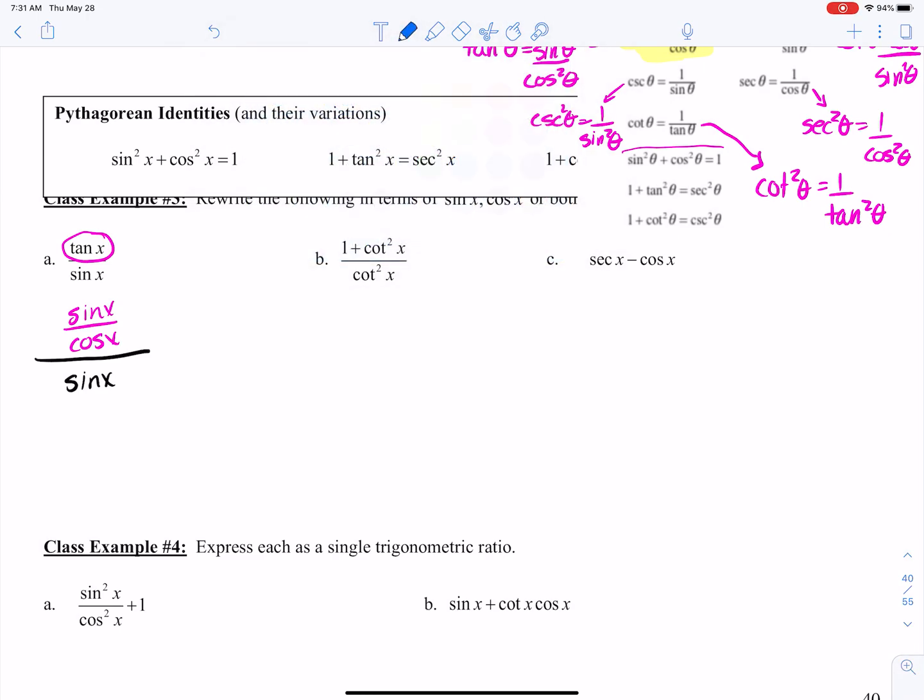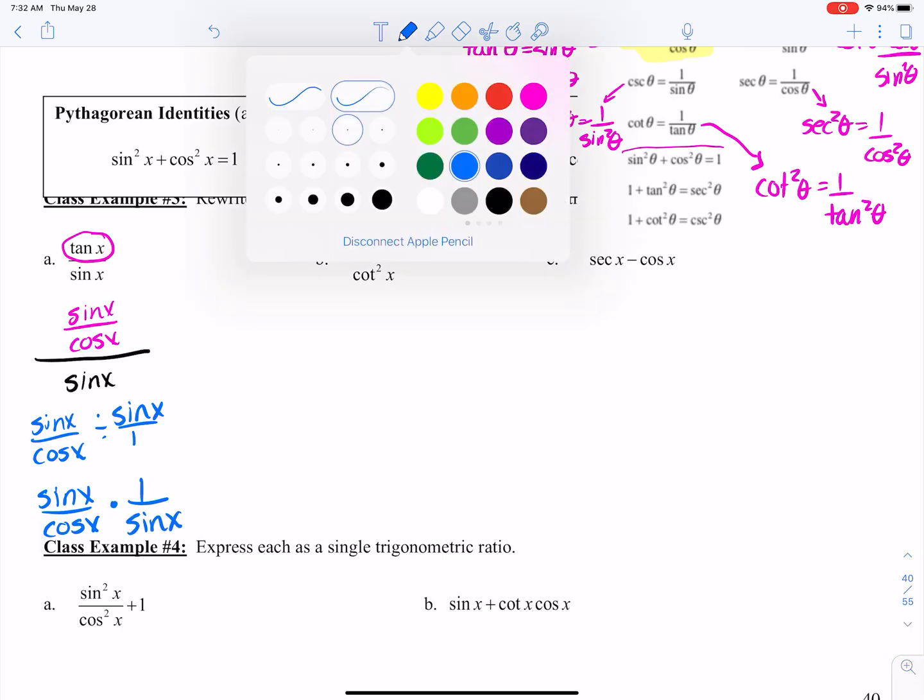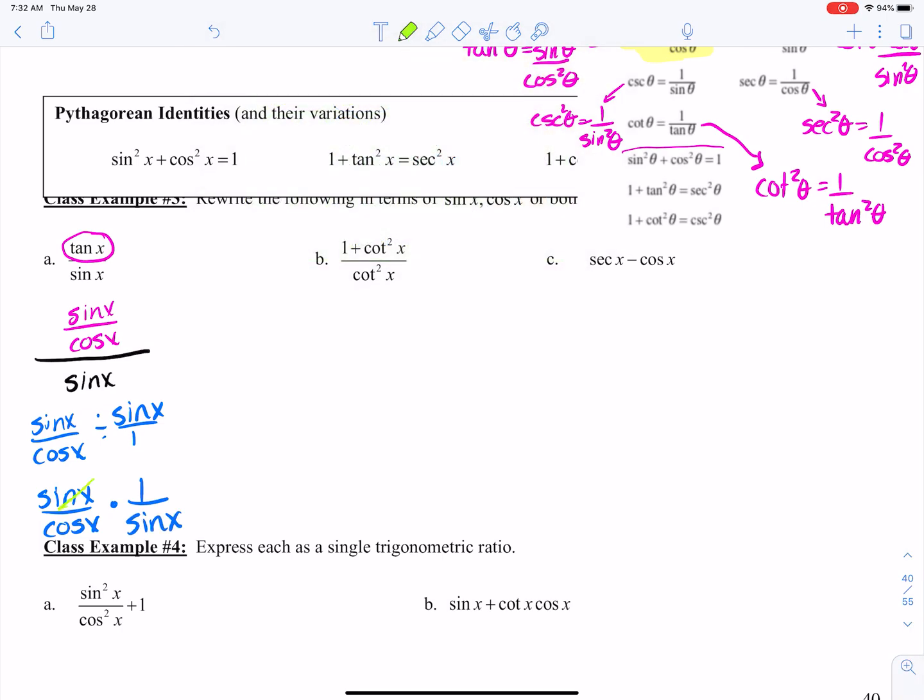So that is sine x over cos x divided by sine x, and then I can leave that as sine x over cos x and take the reciprocal of this one because this is over 1. And what happens now is these two simplify, and I'm left with 1 over cos x.